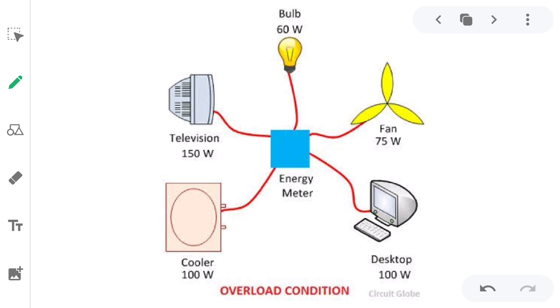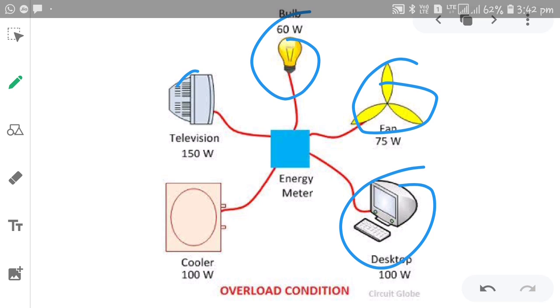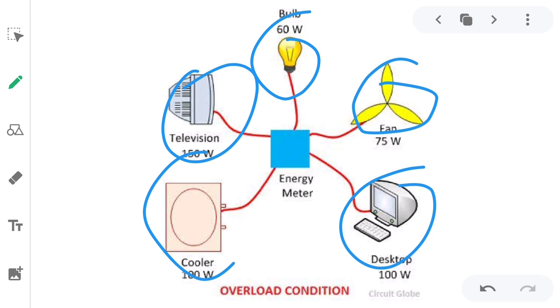Then suddenly that wire will start drawing current from the main connection, and that wire is not capable of carrying that amount of current which is required here, like the computer, fan, bulb, TV, cooler, all connected together in a wire.